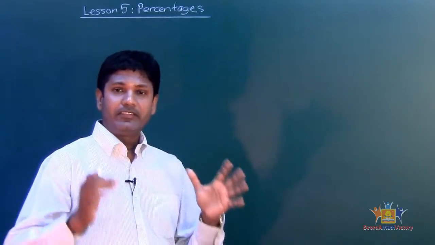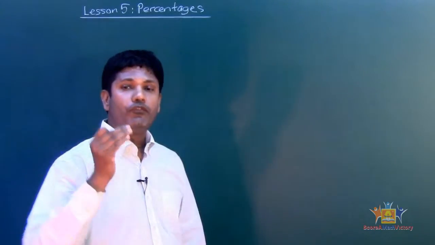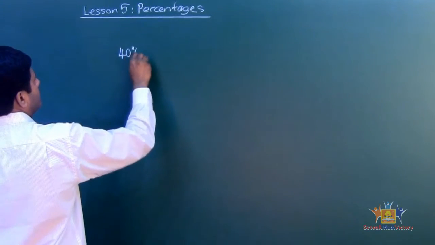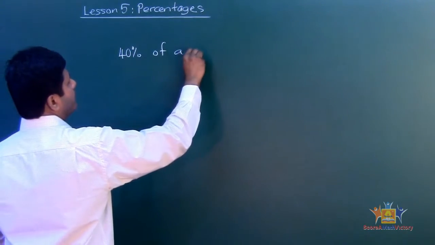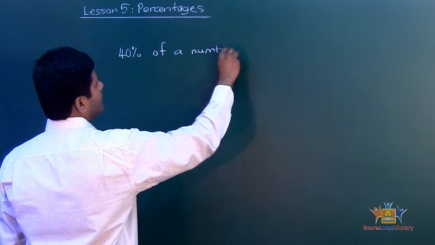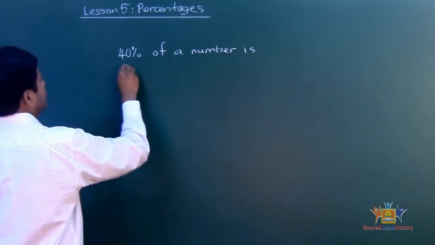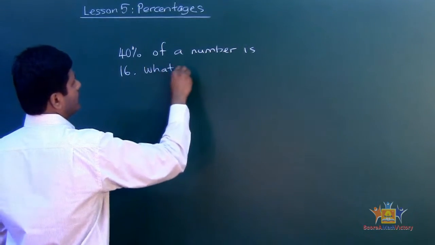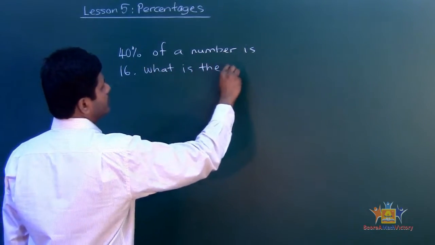Now let's say, for example, if I say 40% of a number is 16, what is the number?